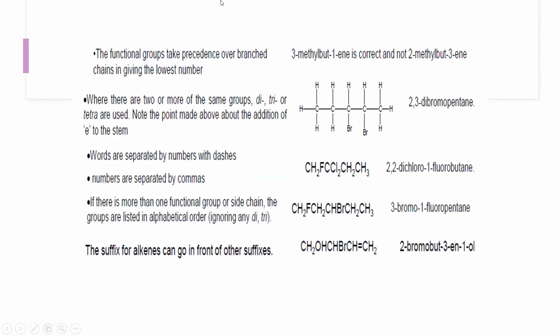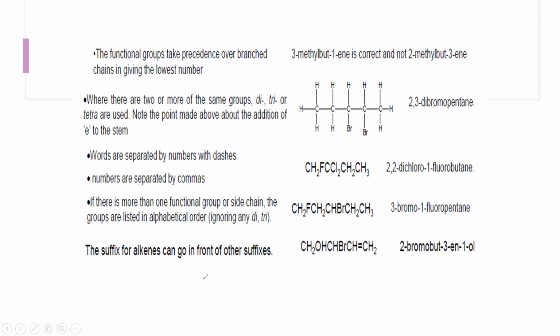Some functional groups take priority over the branches, and we give them the lower number. For example, as you can see here, 3-methylbutanol is correct, but not 2-methylbutanol. What does it mean?